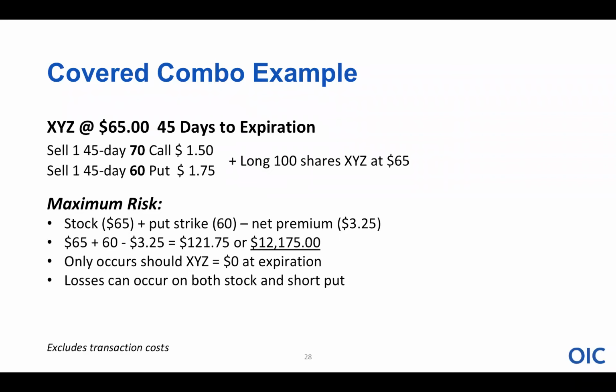So that gets us to $121.75, or $12,175 for not 100 but 200 shares. So when you do the math and divide 121.75 by 2, that gives us a new break even on 200 shares, and it's roughly $60.88. So that would be our break even on 200 shares. So our risk is any time the stock is below 60.88, that's where we're going to incur losses.